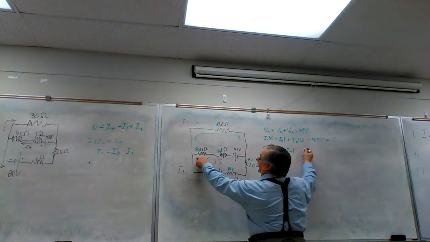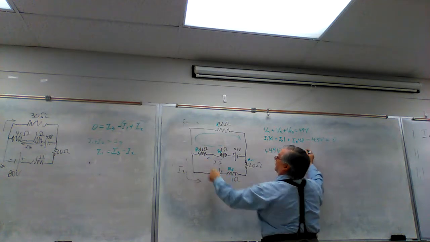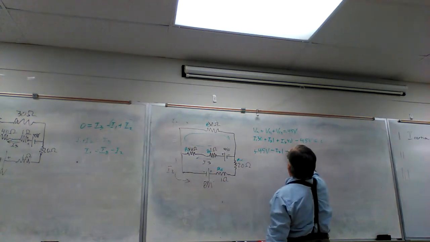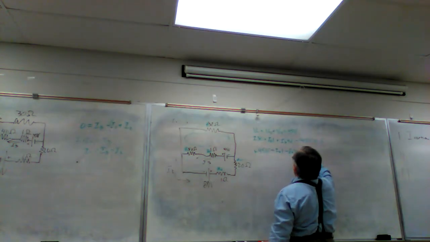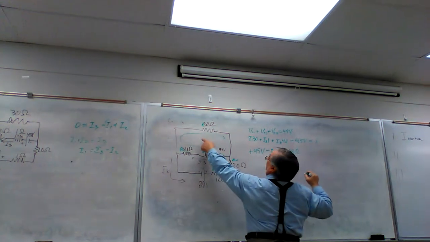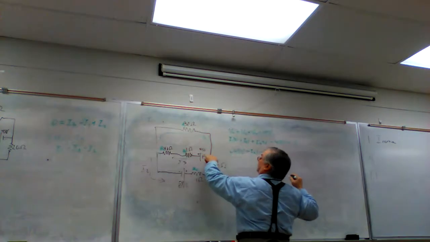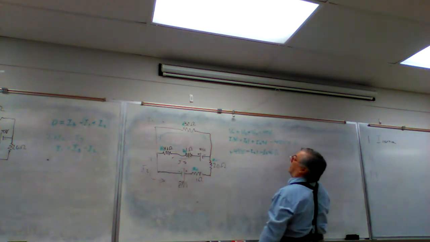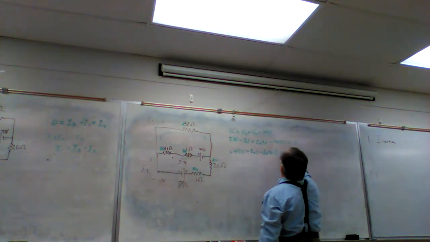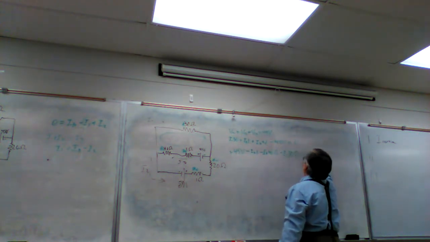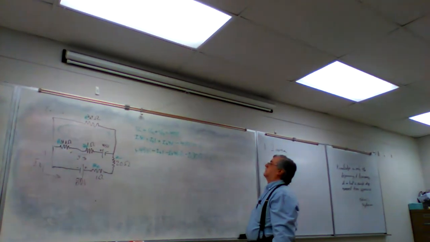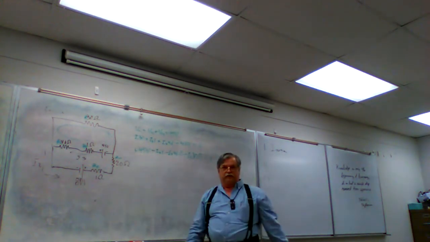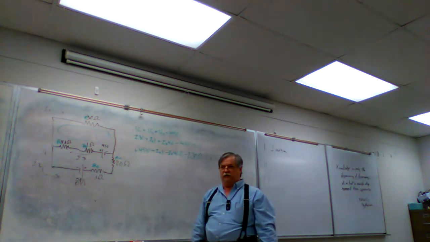And then it's going to an even lower potential of minus I3 times 40 ohms. And continuing on around, it goes to an even lower potential of minus I1 times 30 ohms. And that all has to equal 0. So basically, I just took the first equation and changed the signs on everything.